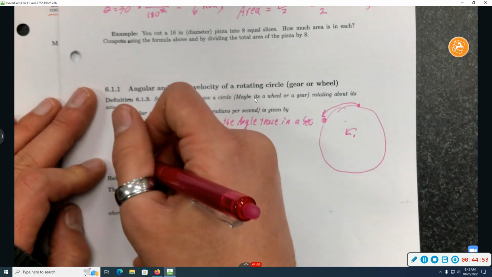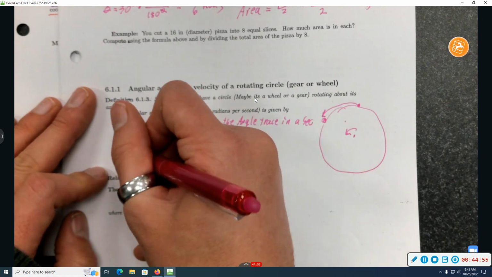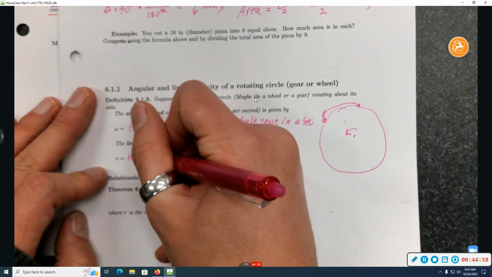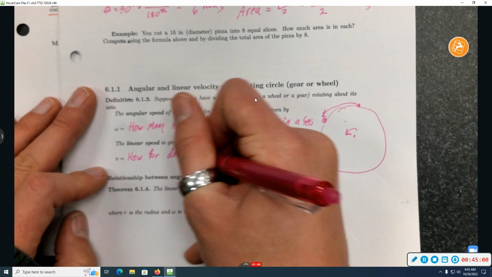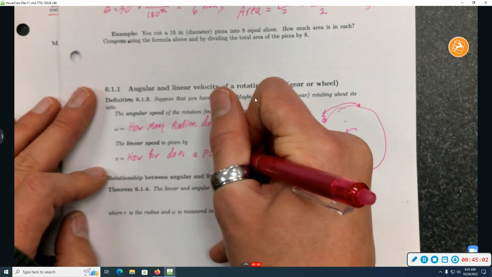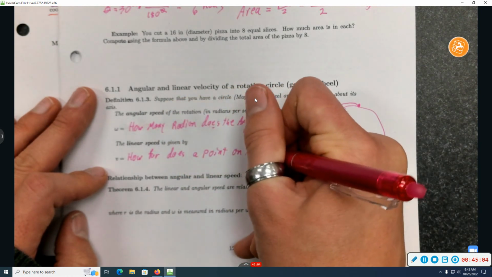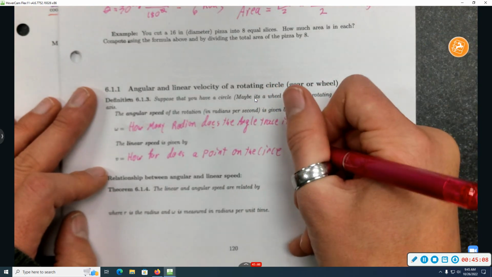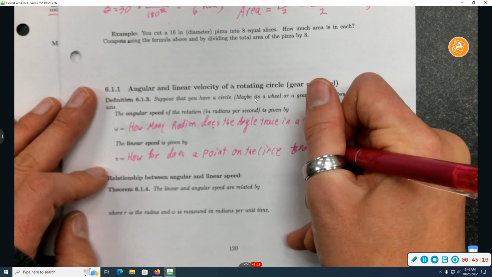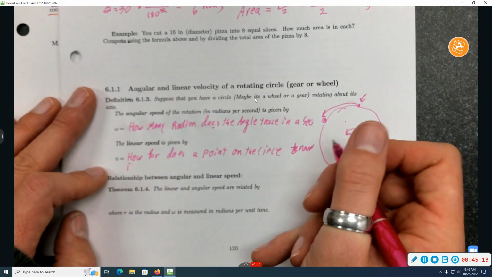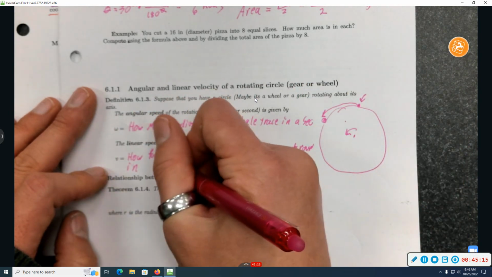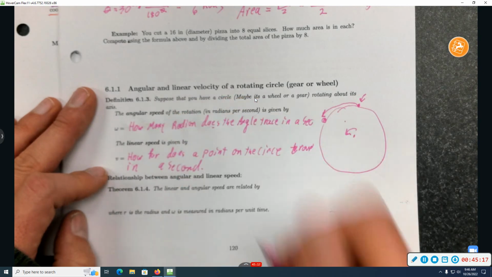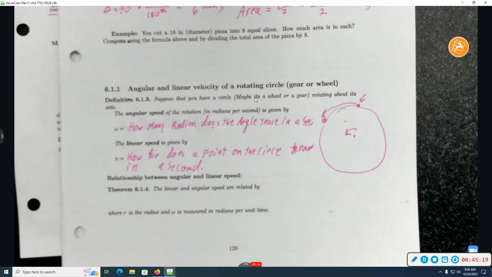The linear speed is just how far does a point on the circle, say that point, travel in a second. That seem like a reasonable set of definitions?